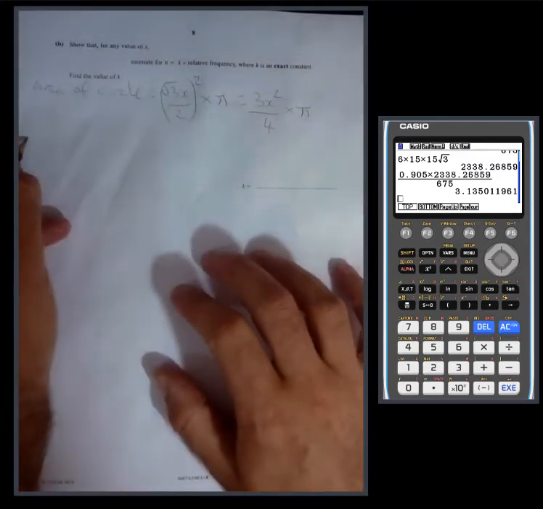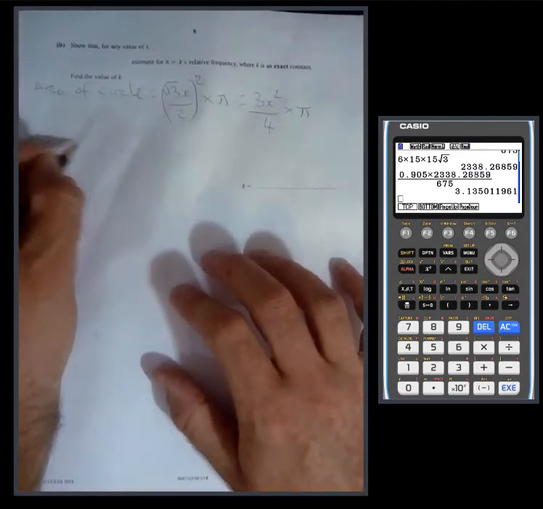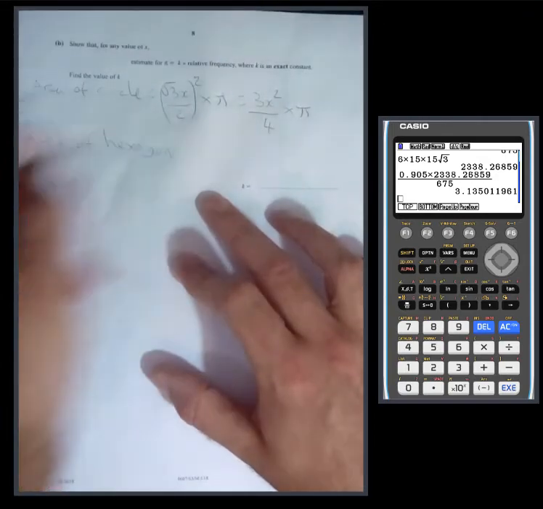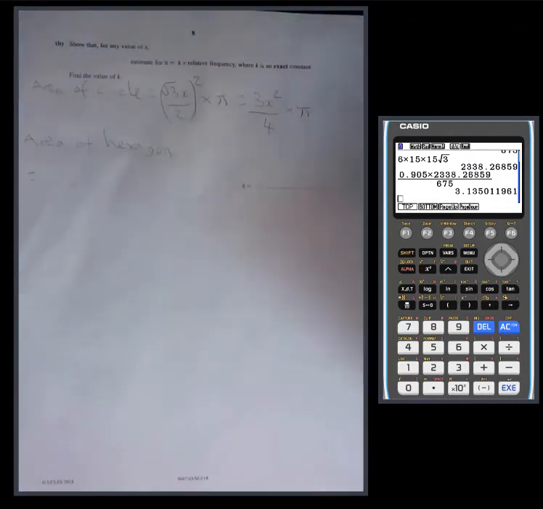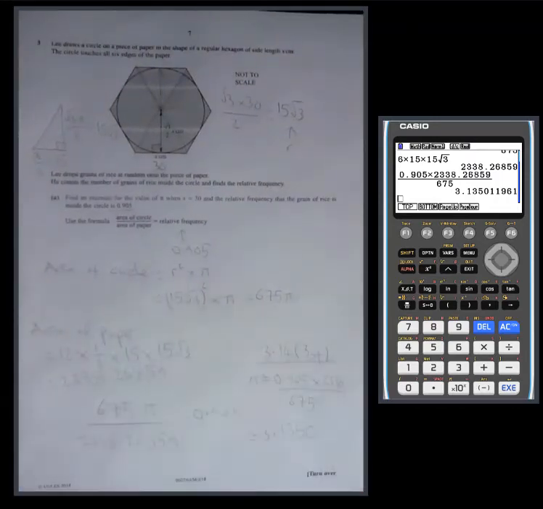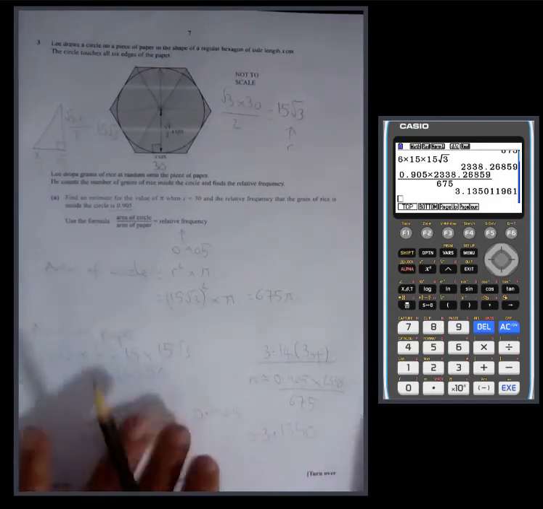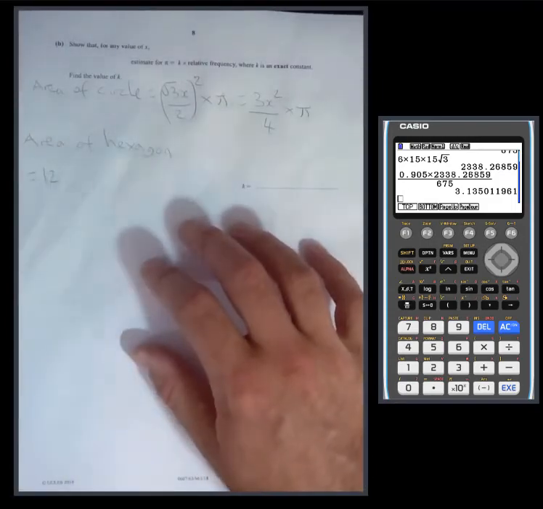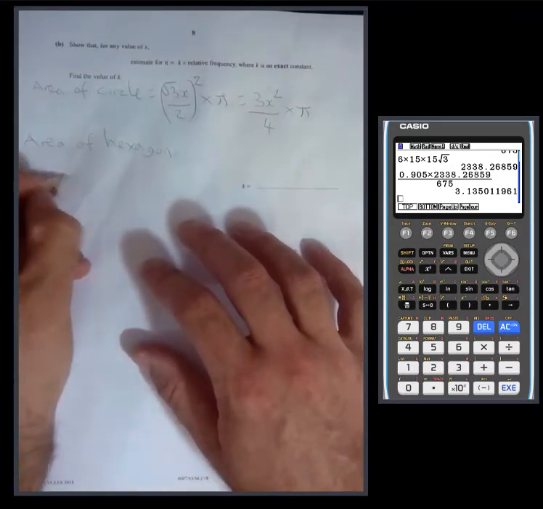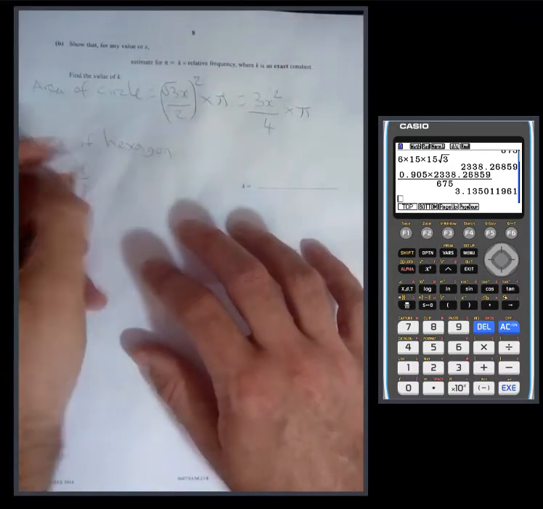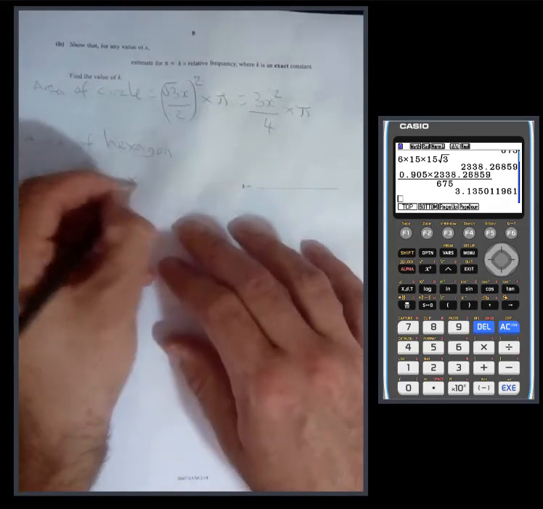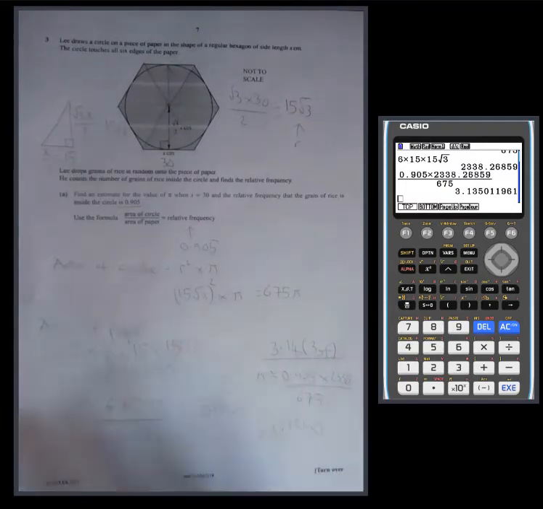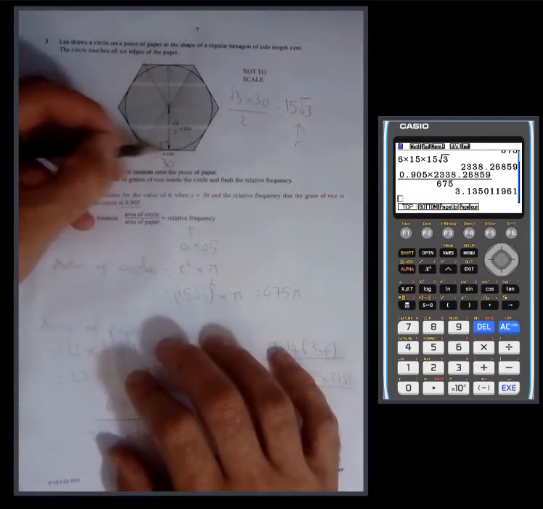Now the hexagon, area of hexagon equals, right, so I'm going to use the formula we used before, which is 12 times a half times base times height. I'm just going to write in 12 because there's 12 little right-angled triangles, times a half because area of triangle is a half base times height. So now I just need the base and height. Remember, the little triangles are these.